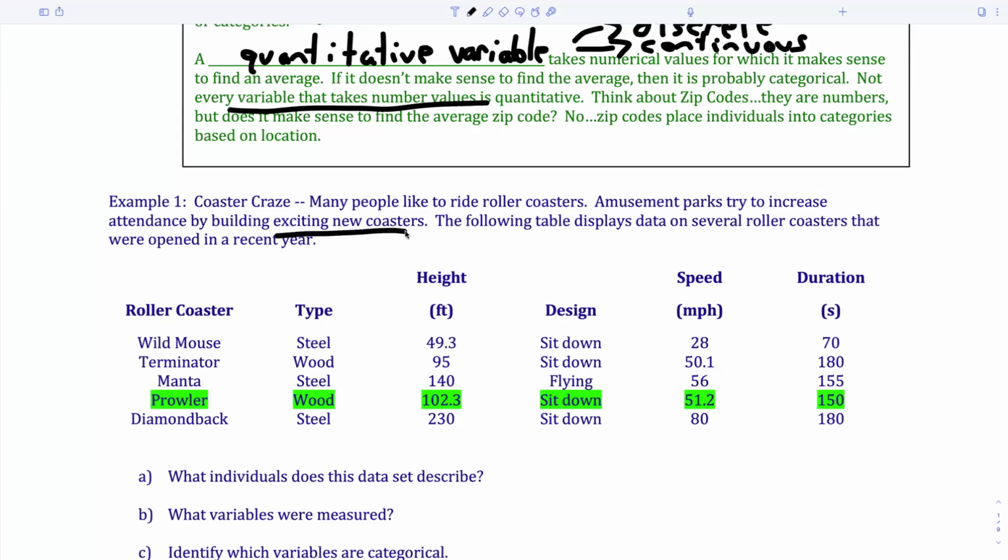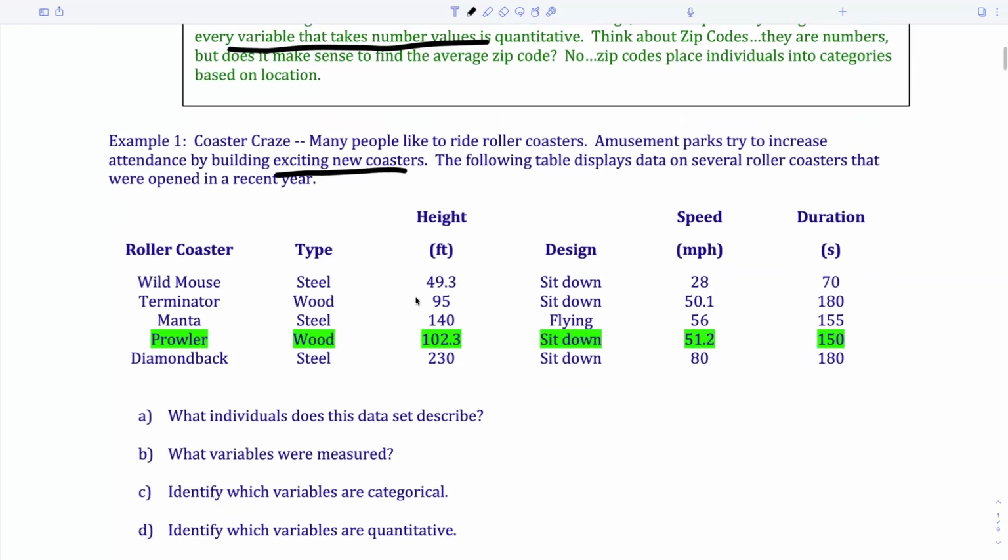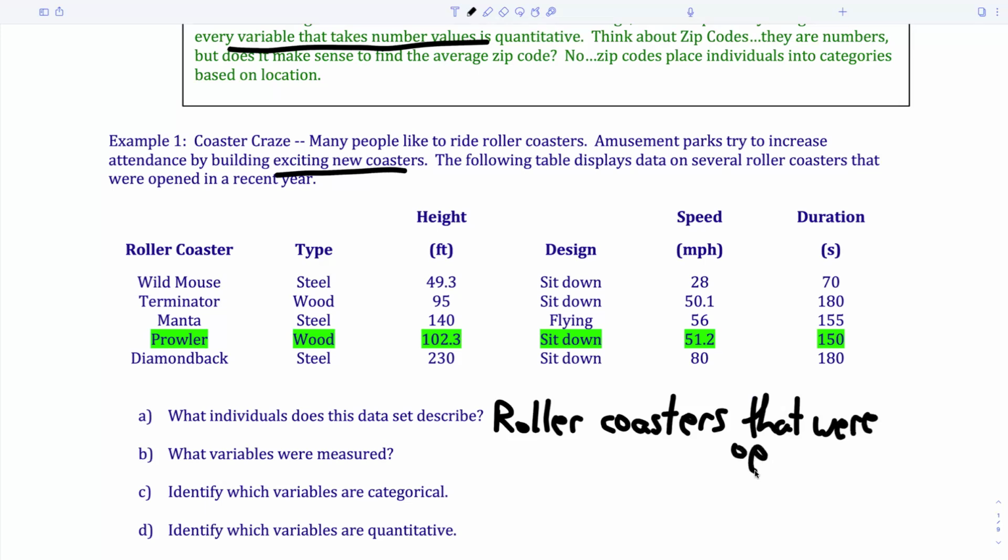Okay, so part A says, what individuals does this data set describe? Well, roller coasters that were opened in a recent year. Stats math is a little different.